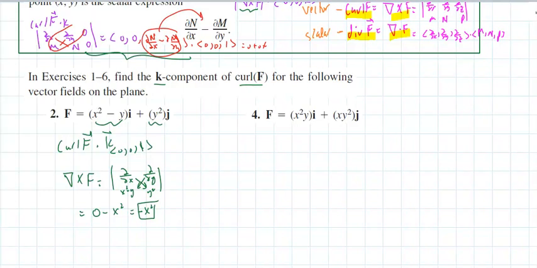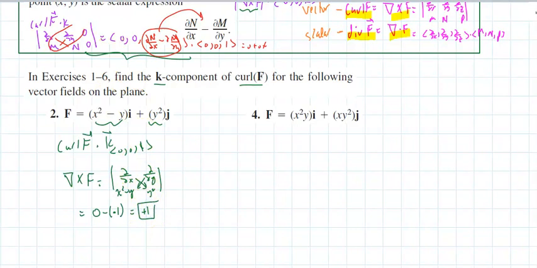I messed up a bit. Just a bit. That was a minus. So when you take the partial, I thought that's what multiplied. This is really x squared minus y. So the partial with respect to y is a negative one. So that turns out to be a positive one.